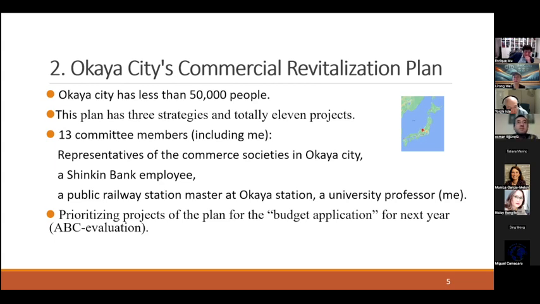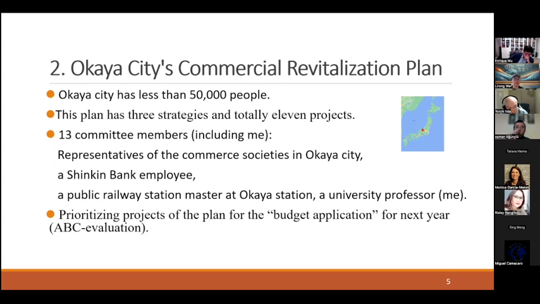To boost its population, Okaya City decided in 2018 to focus on revitalizing commerce by formulating a commercial revitalization plan. I joined this initiative as one of the members, marking the start of this research.